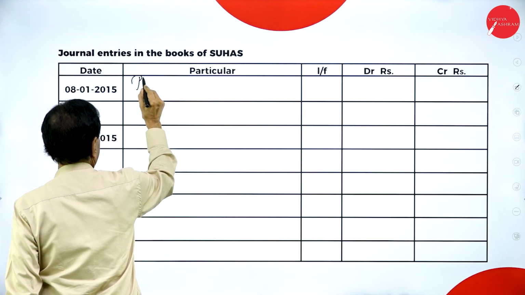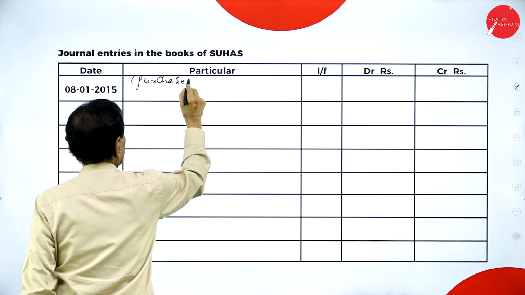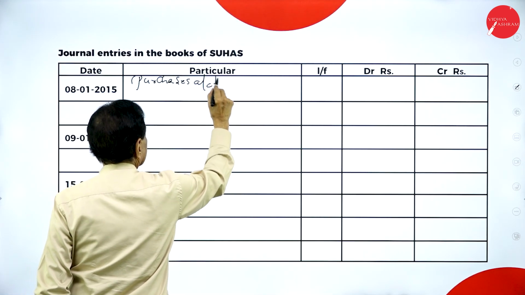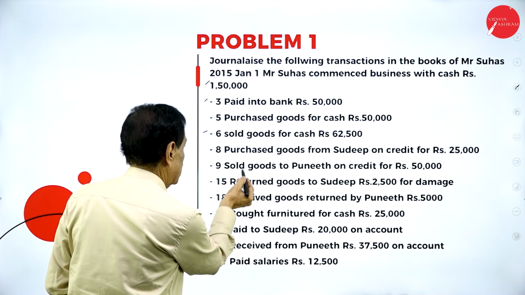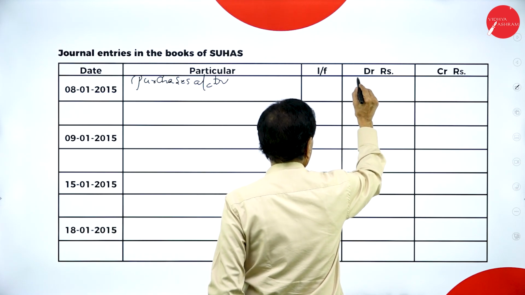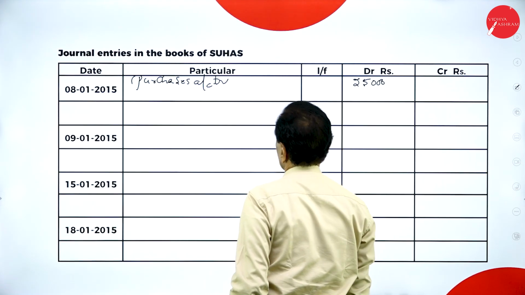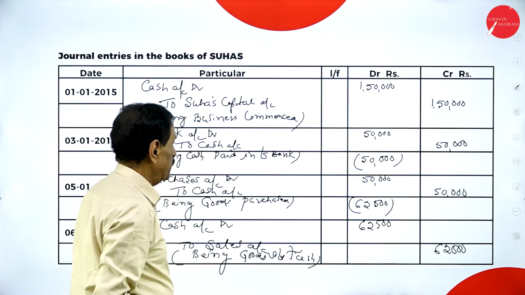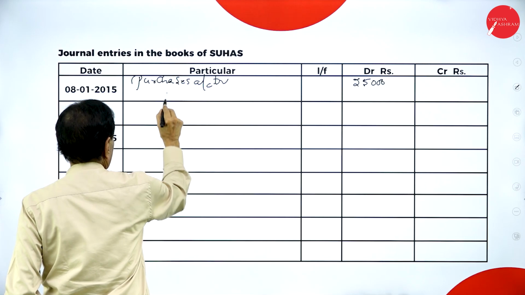Purchases account debtor, 25,000, to Sudeep's account.